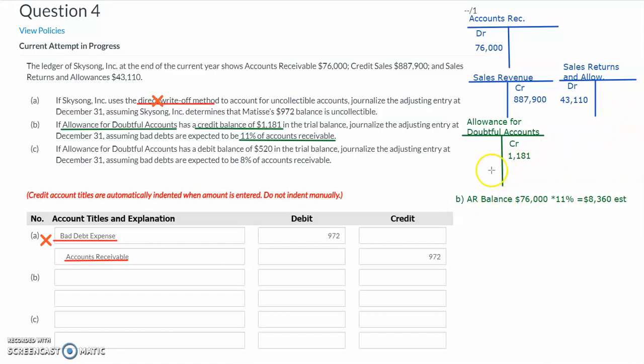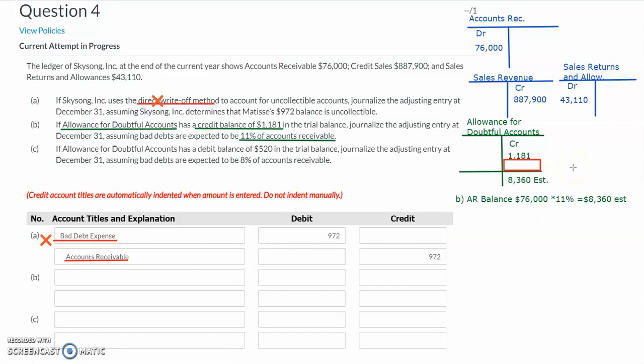So at the end of our reporting period, we would expect to see a credit balance to reflect this estimate of 8,360. So our adjusting journal entry is going to be made to really emphasize what would be the adjustment in order to get from our existing balance to what this estimate is.